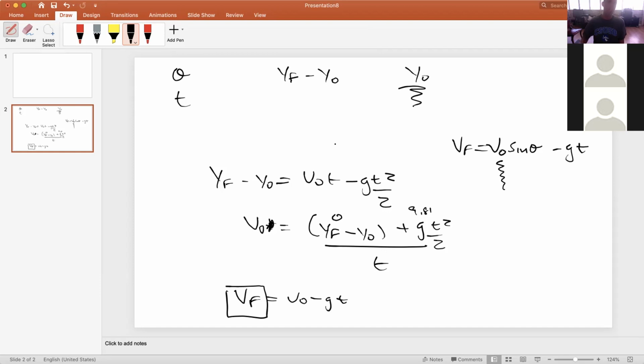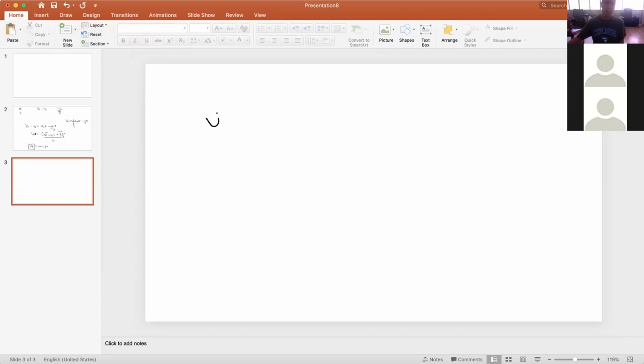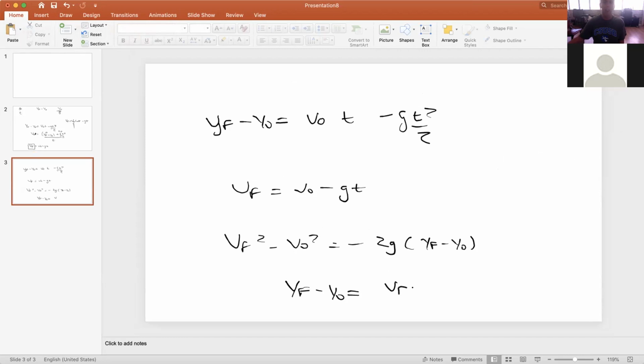Okay. Because we only have these 4, right? We have y final minus y initial is v naught y t minus gt squared over 2. And we have v final is v naught minus gt, and v final squared minus v naught squared is minus 2g times y final minus y initial. And the last one is y final minus y initial is v final plus v initial over 2 times t.